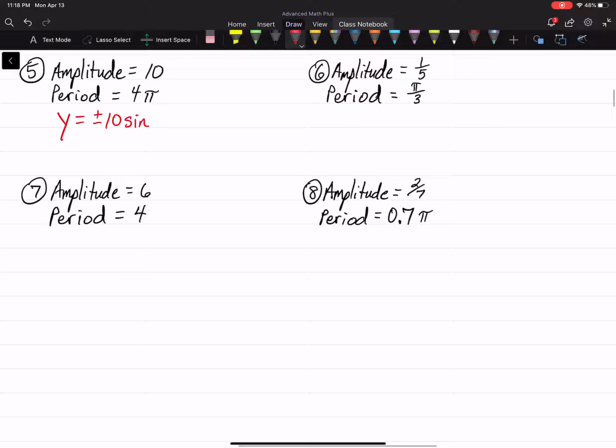Well, how do I figure out what k is? I set my period equal to 2 pi over k, and I solve this. Basically, you just cross multiply. That'll be 4k equals 2 pi, and you divide by 4. And so k equals pi over 2. And then you write your equation.